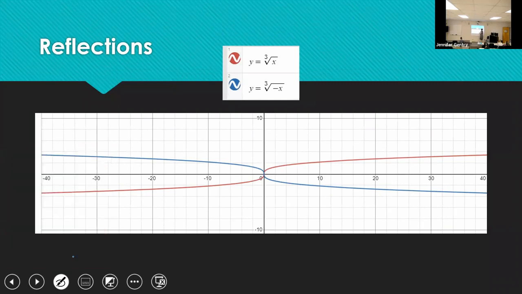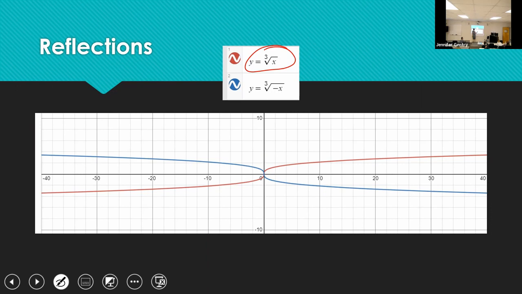Okay, last one. The red one here is y equals cube root of x. That's the red. What am I reflecting about? The x-axis.